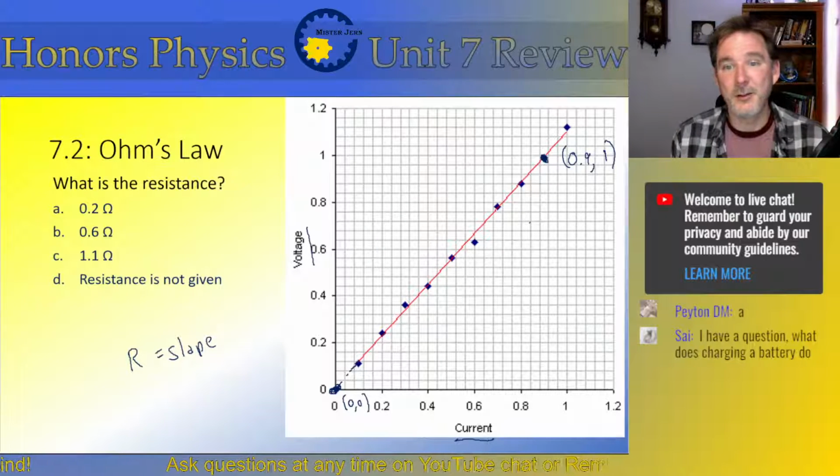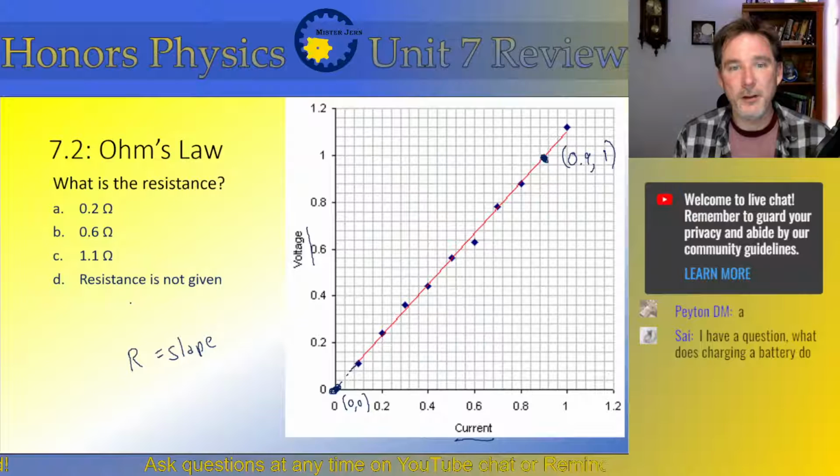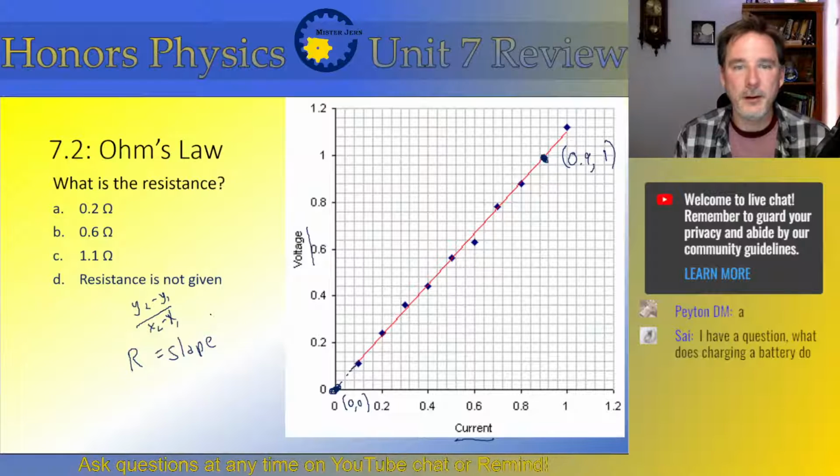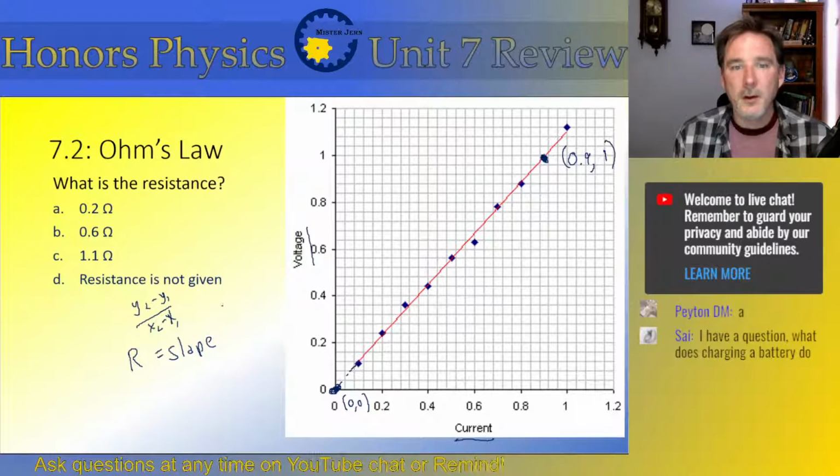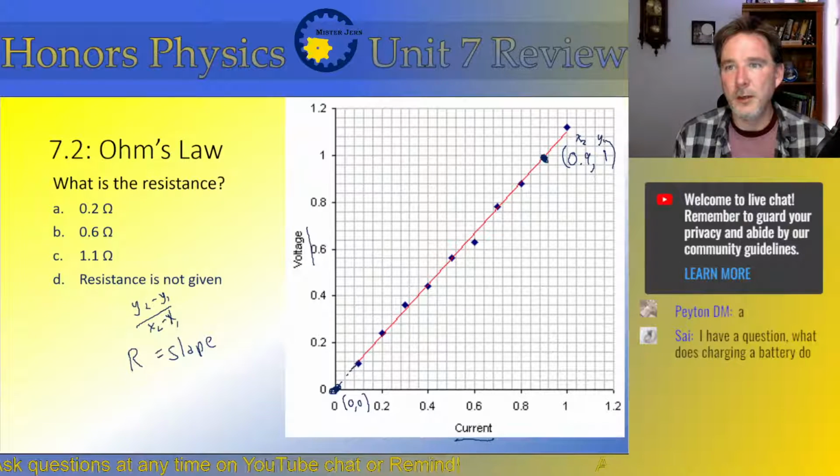Okay. So slope is y2 minus y1 over x2 minus x1. Why am I writing diagonally? Let's see if I could tilt this thing a little bit. So I like to do this: x2, y2, and this is my x1, y1.